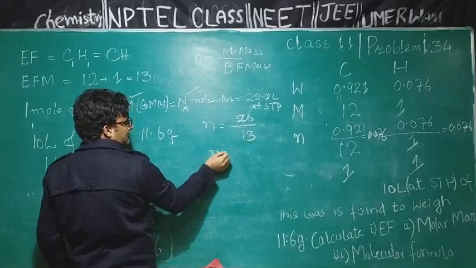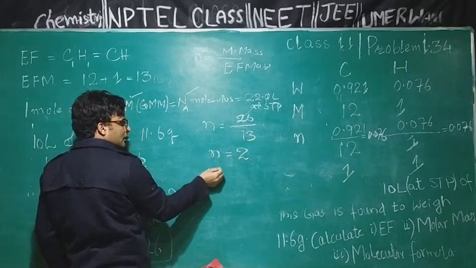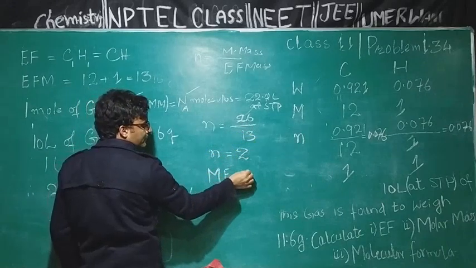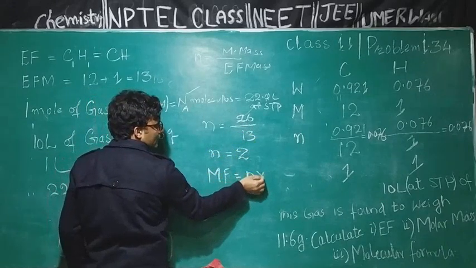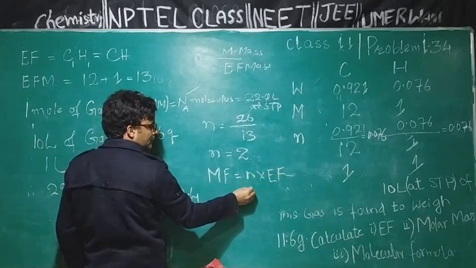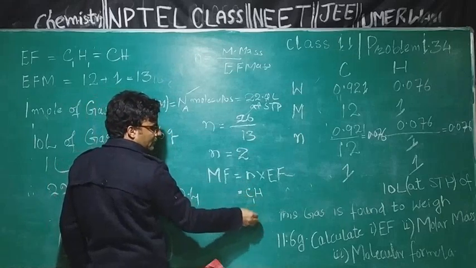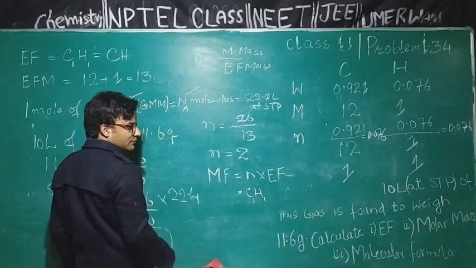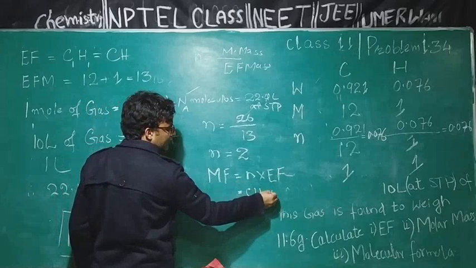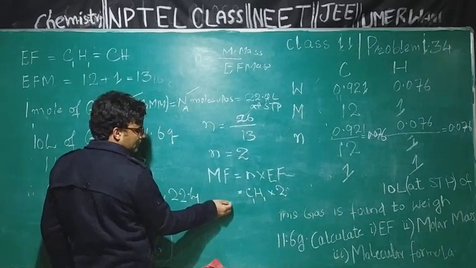So the common factor is 2. Now we know the molecular formula is equal to the common factor, which is 2, into the empirical formula. The empirical formula is CH. I have to multiply the number of carbon atoms and the number of hydrogen atoms in the empirical formula by 2.